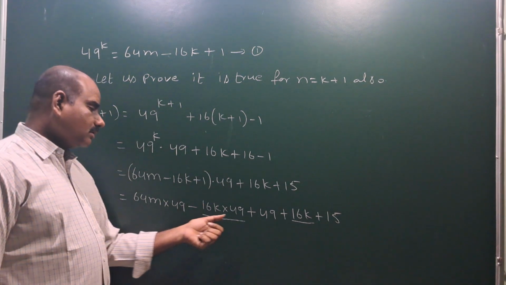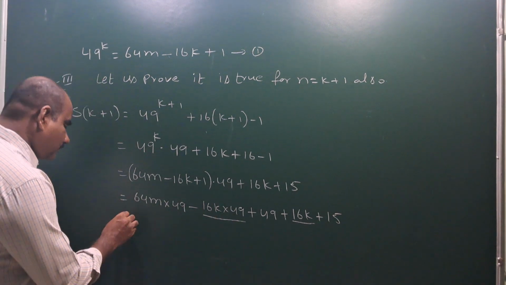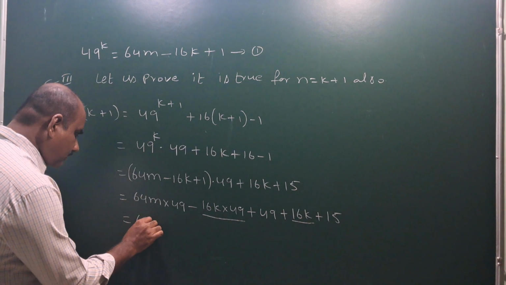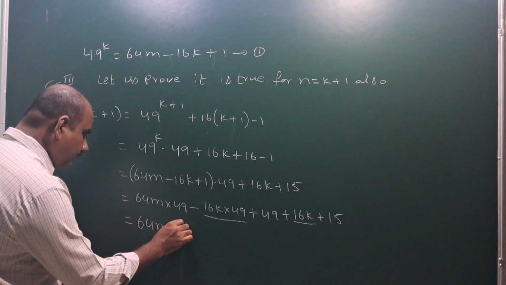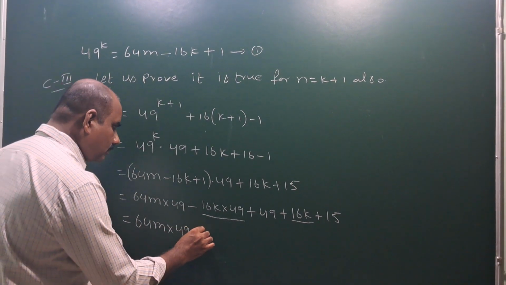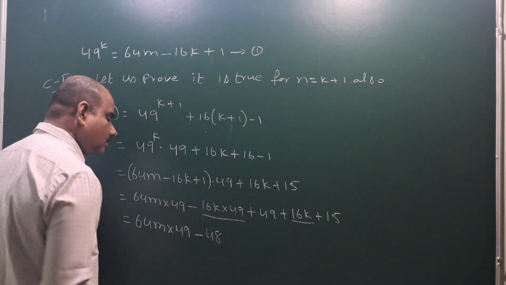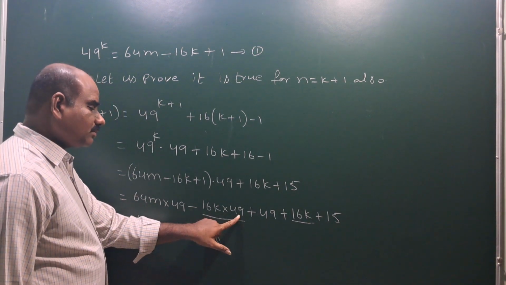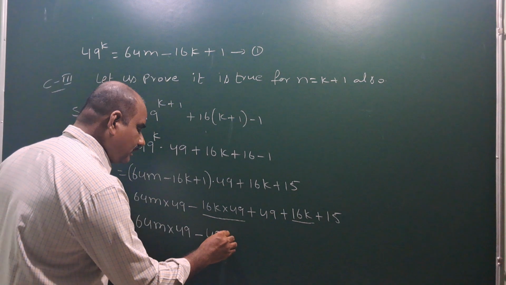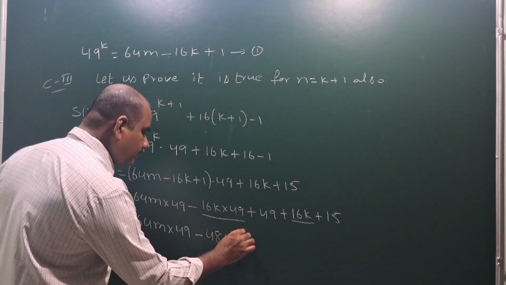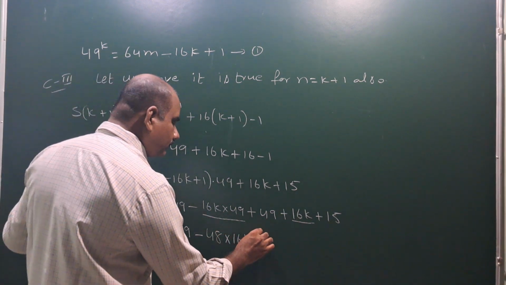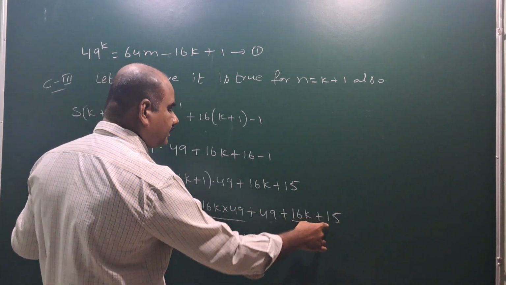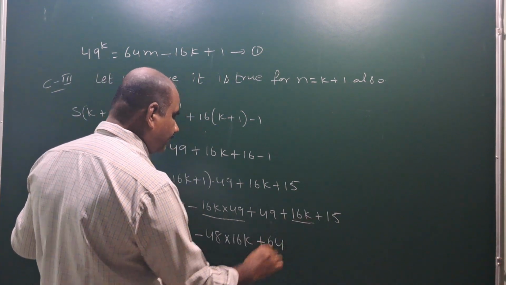That means we can write it as 64m into 49 minus 48 into 16k, plus 49 plus 15 gives 64 again.